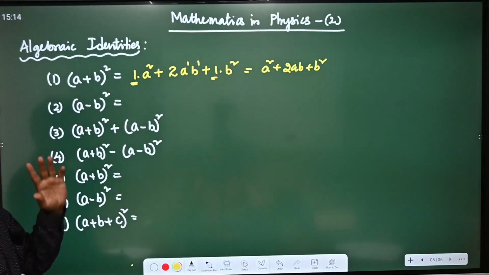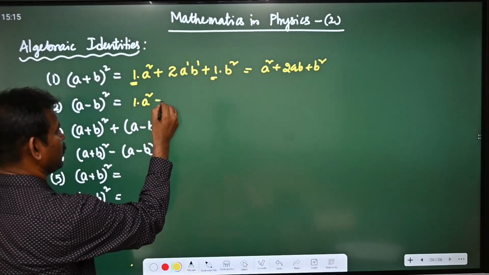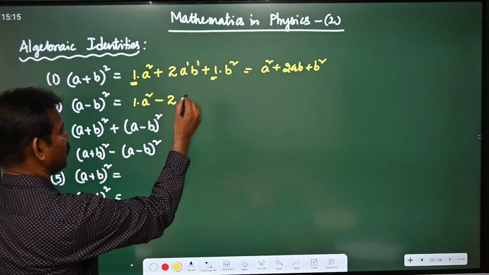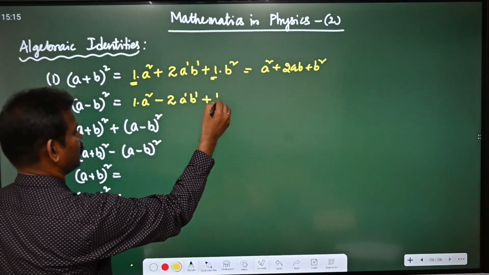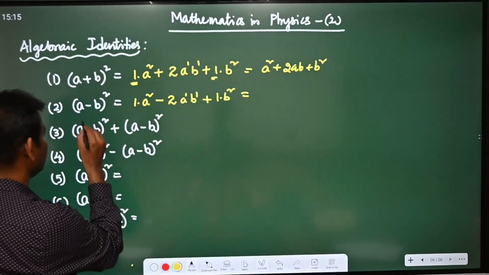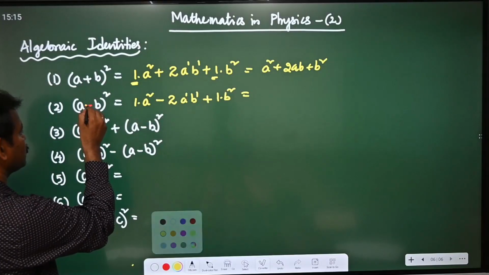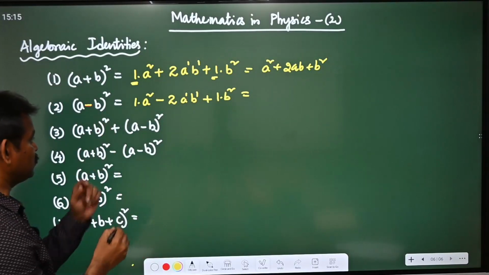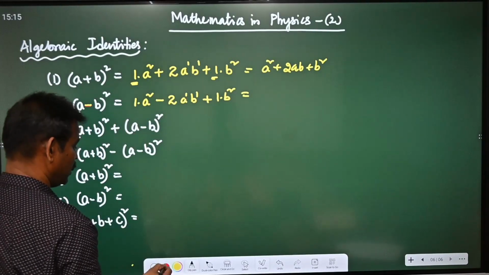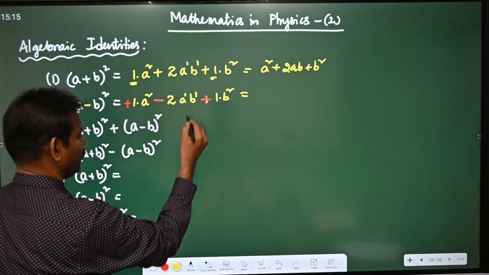Similarly, a minus b whole square. For the students, 1 into a square minus 2 a power 1 b power 1 plus 1 into b square. Whenever minus is present in this expansion, always the first term will get a positive value, second term will get negative value, and the third term will get positive value.